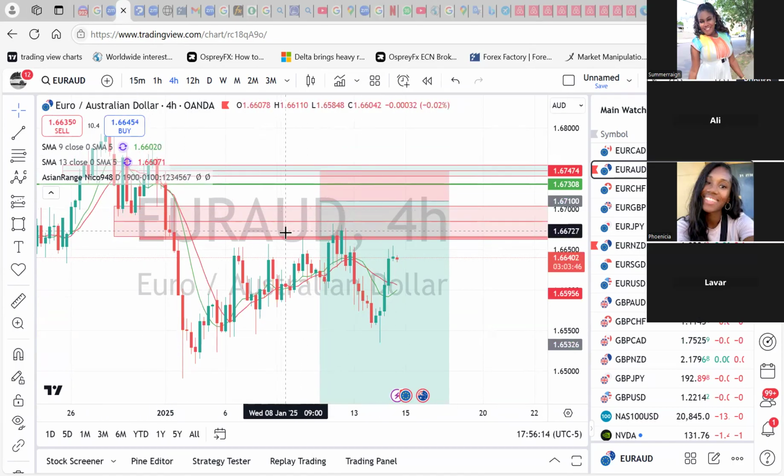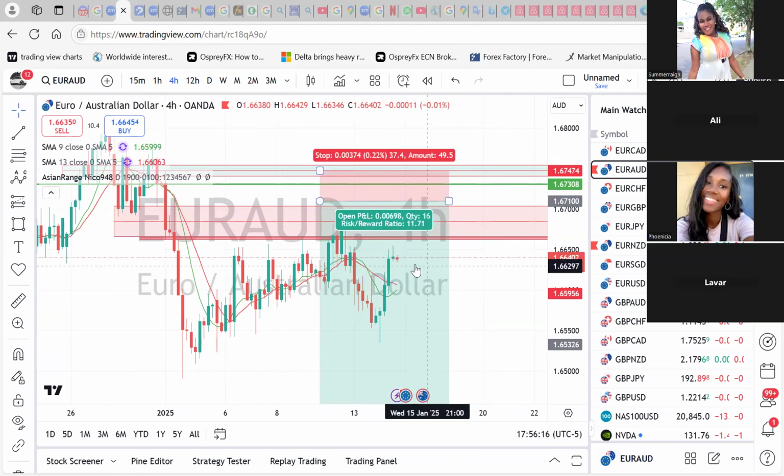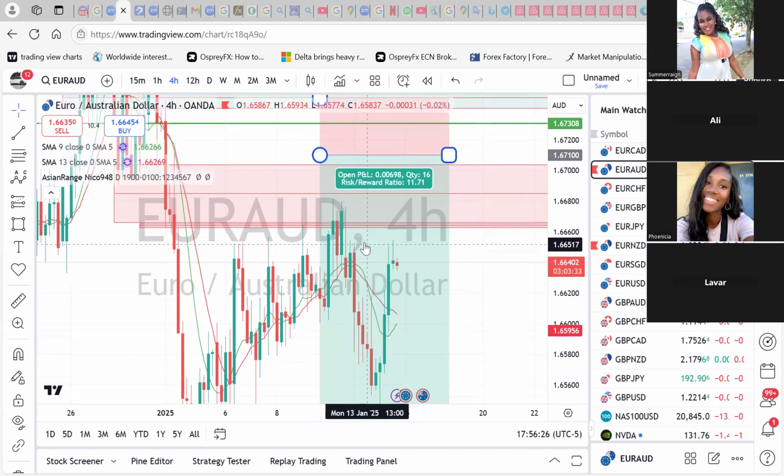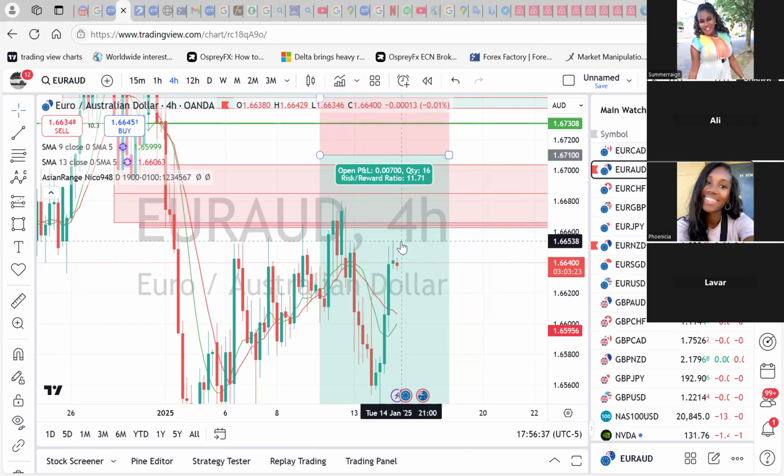I like EUR AUD because it did everything, right? EUR AUD came up here, it gave equal highs, and then it ran those highs. I don't think that wick really did, but I'm just giving you an example of what you might want to see. So let's just say this next wick passes these highs. So maybe you're more comfortable taking this trade because it checked off more of your boxes than the other trade, even though they were very similar in setup.